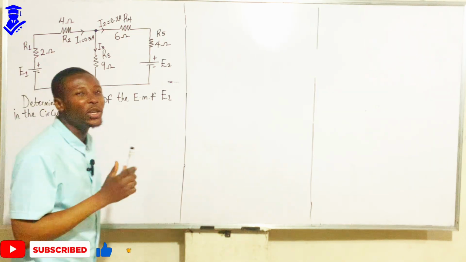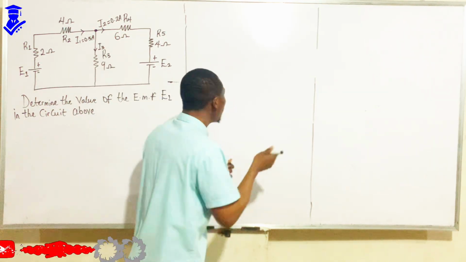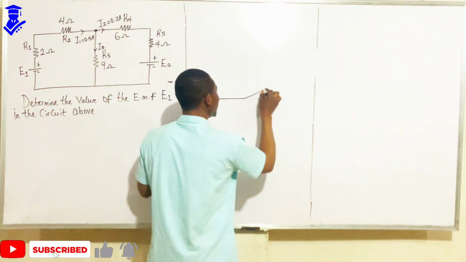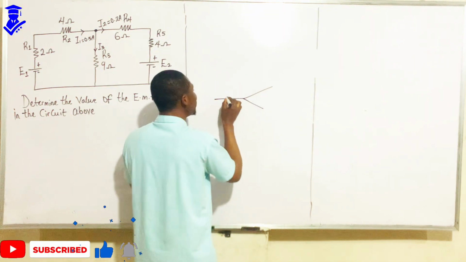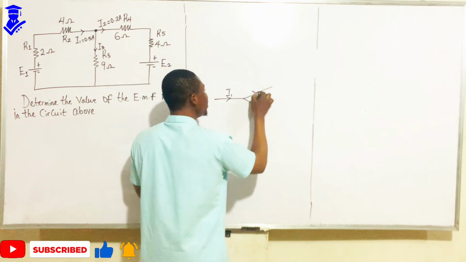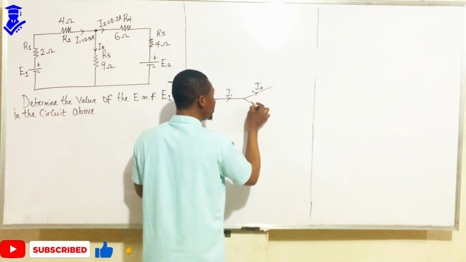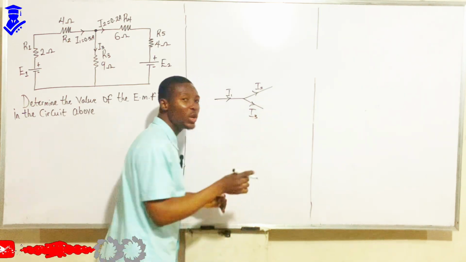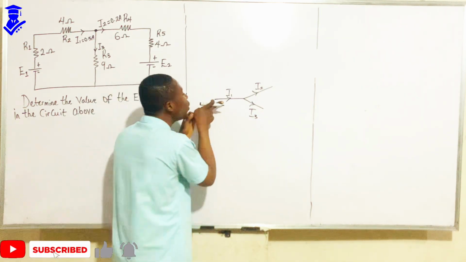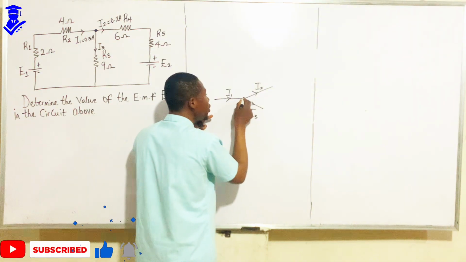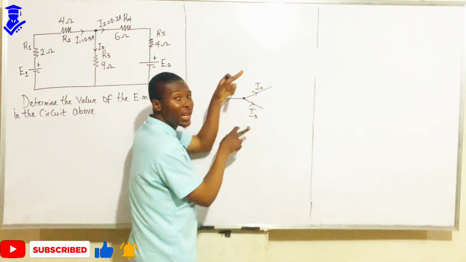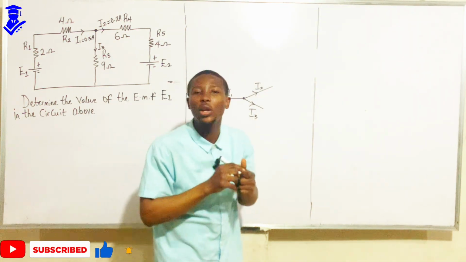Let me take you back to Kirchhoff's current law. If I have a diagram like this, let's assume this is I1, this is I2, and this is I3. I1 is entering this node, while I2 and I3 are leaving. What does Kirchhoff's current law state?